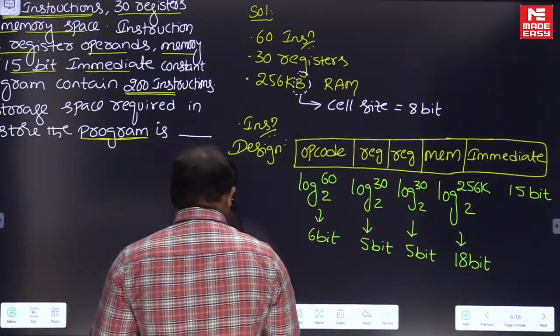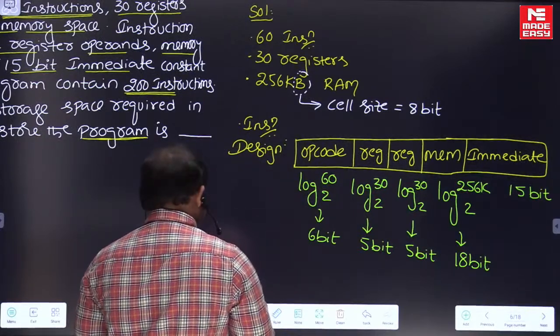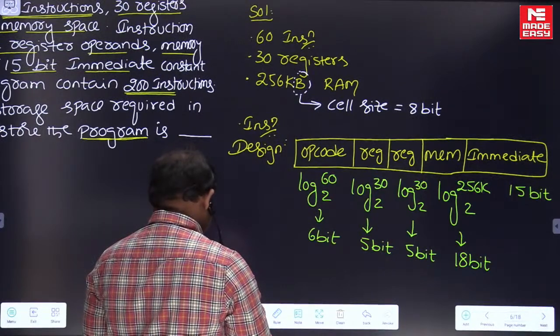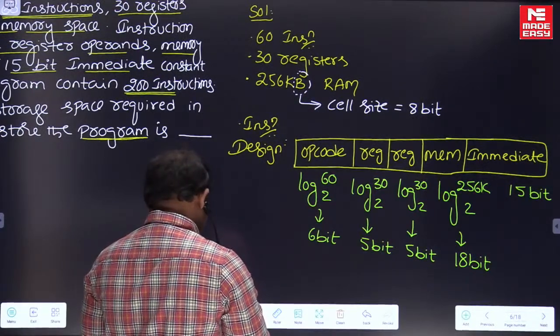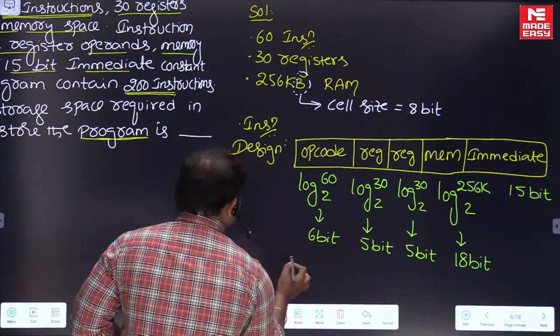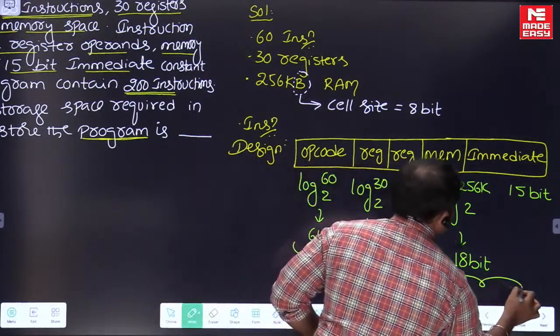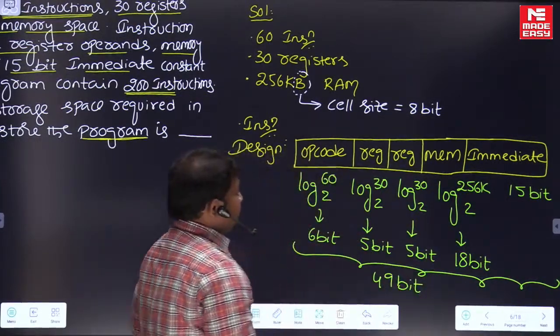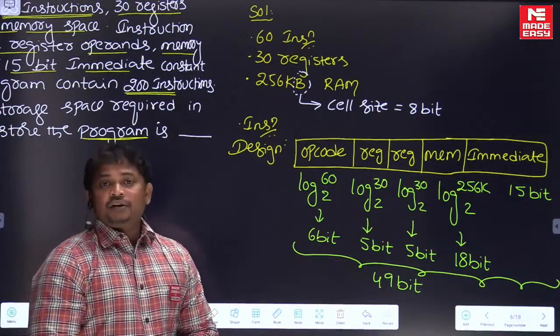Now add them and report the size: 6 plus 5 plus 5 plus 18 plus 15. What is the answer? 49 bit. So total instruction size equals 49 bit.